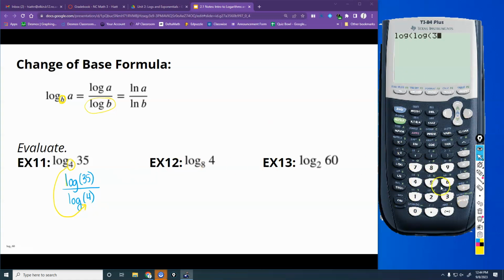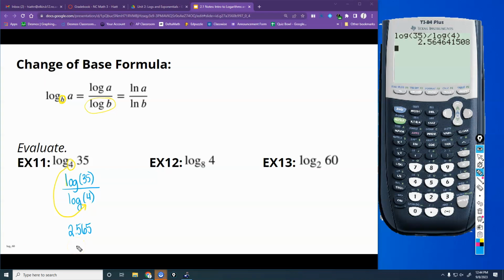Log of 35, make sure you close that parenthesis, divided by log of 4. We get 2.565 if we want to round that off. In general, unless I tell you otherwise, make sure you keep at least 3 decimal places. If you keep more, that's fine too.